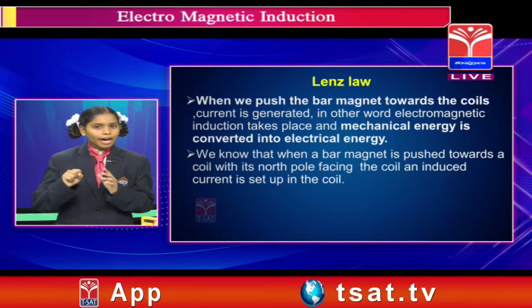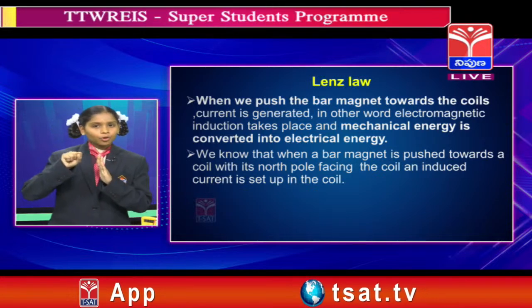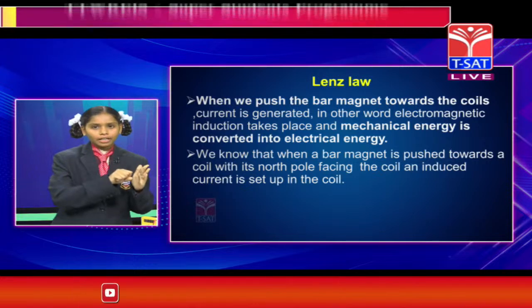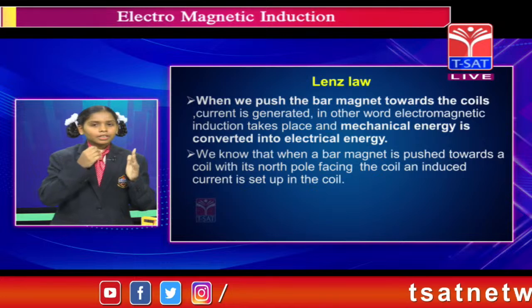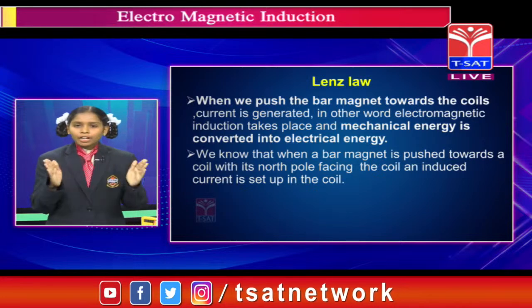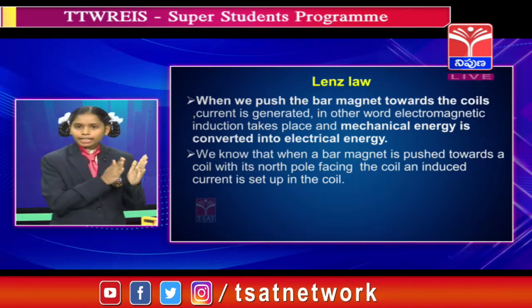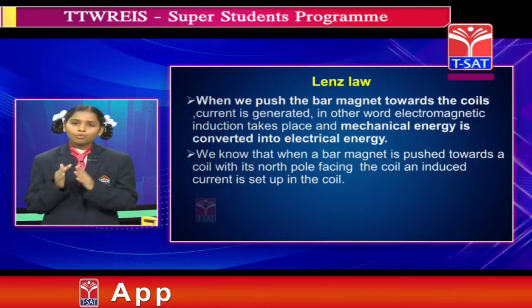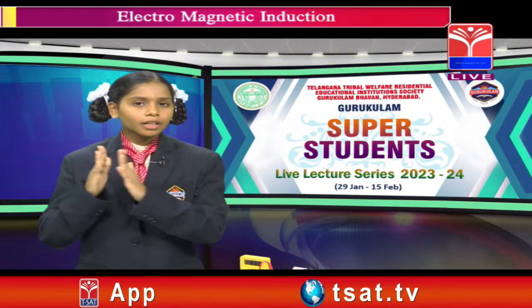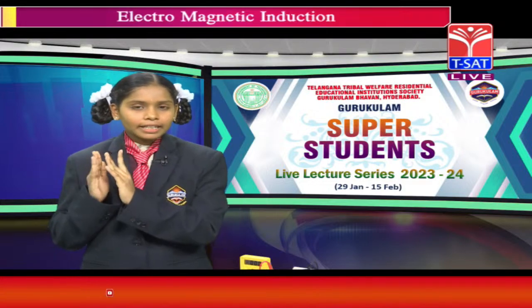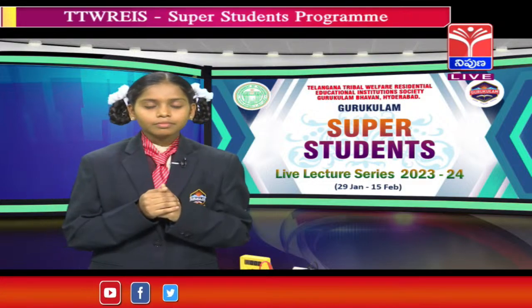Now when the north pole of the bar magnet faces the north pole of the coil and we push the bar magnet towards the coil, the bar magnet is repelled by the coil. Why? Do you know why the bar magnet is repelled by the coil?